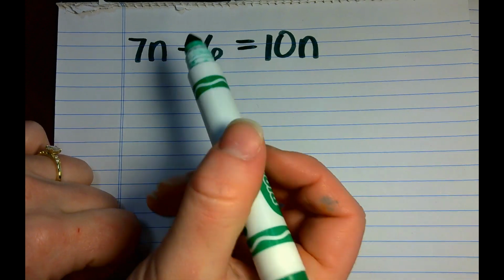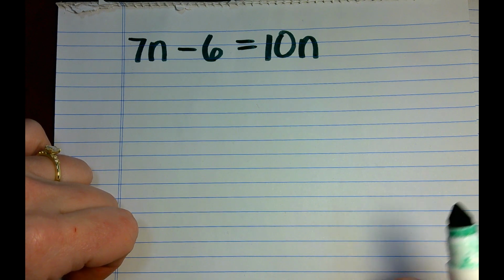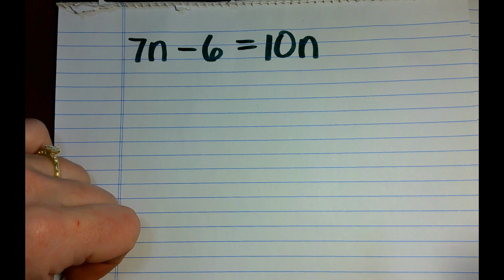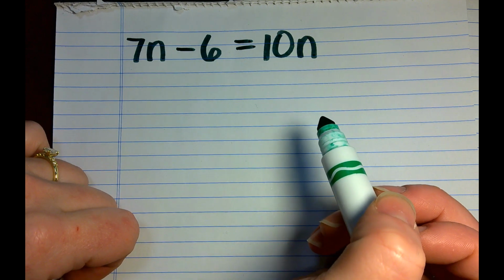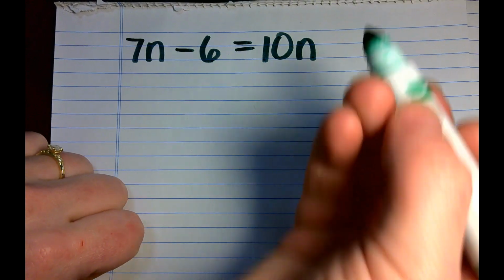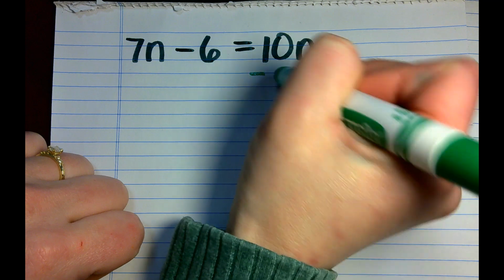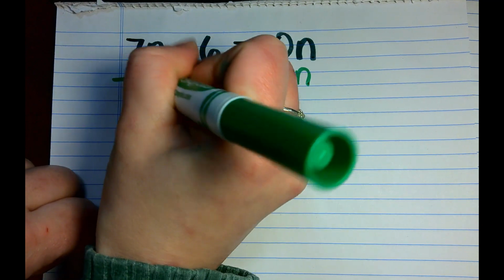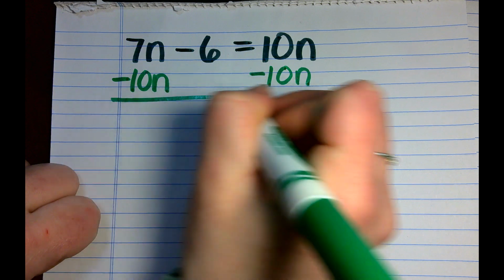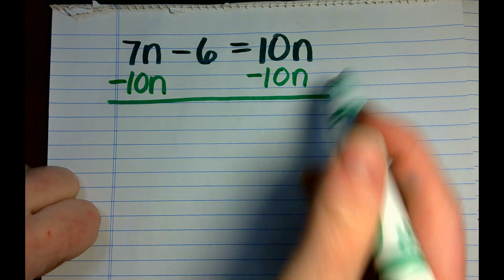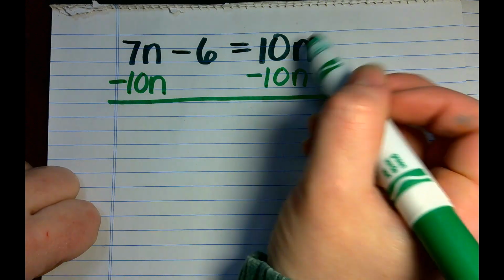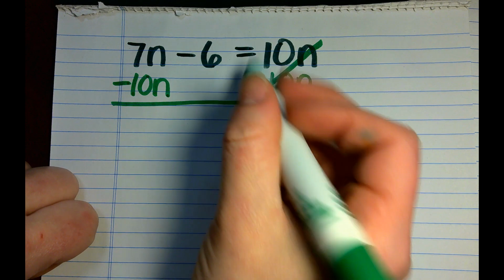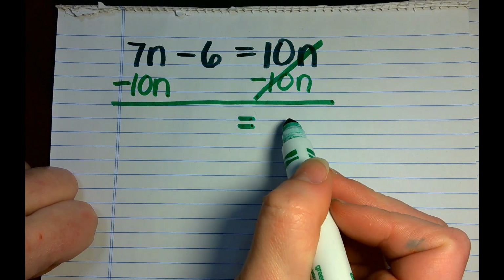What if I did this instead? You don't have to write this unless you want to, but it could be helpful. What if I did minus 10n on both sides instead? Then my 10n's would cancel, but we still need something over here.